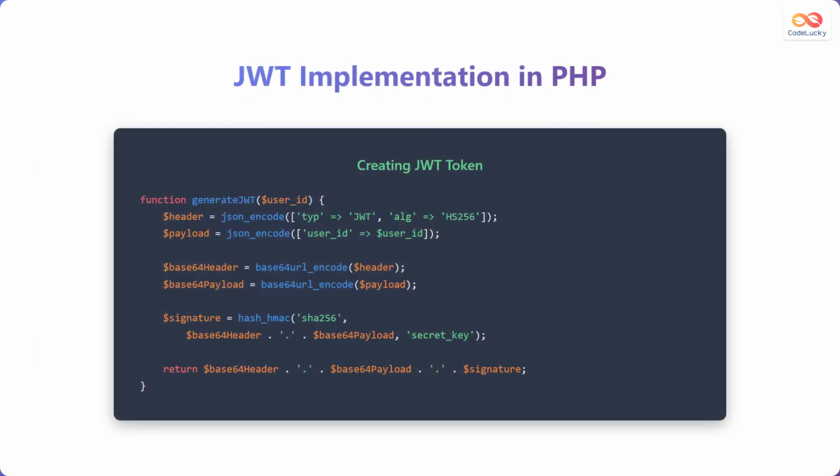Now let's dive into how to implement JWT in PHP. This function shows how to generate a JWT. First, we define the header as a JSON object with the type as JWT and the algorithm as HS256. Then we define the payload as a JSON object containing the user ID. After that, we base64 URL encode the header and payload.